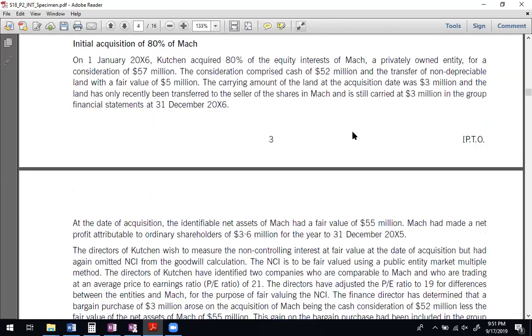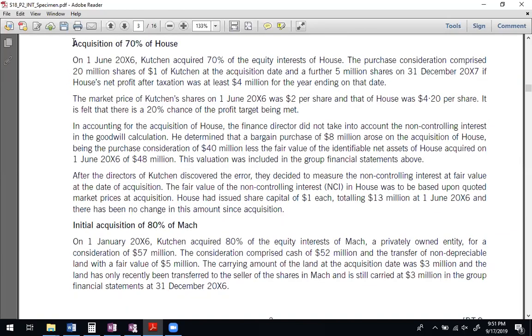So let's go at the start. And this is the acquisition of House. This is the acquisition of Match on which we have to apply the discussions. It says that on 1st June 2006, Kuchin acquired 70% of the equity interest of House. The purchase consideration comprised 20 million shares of $1.